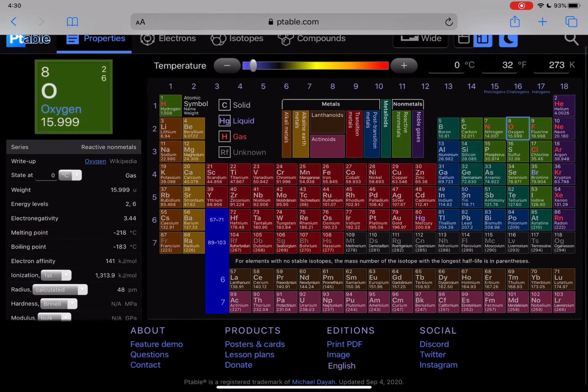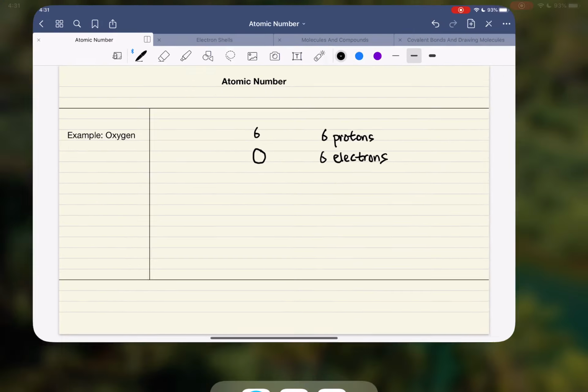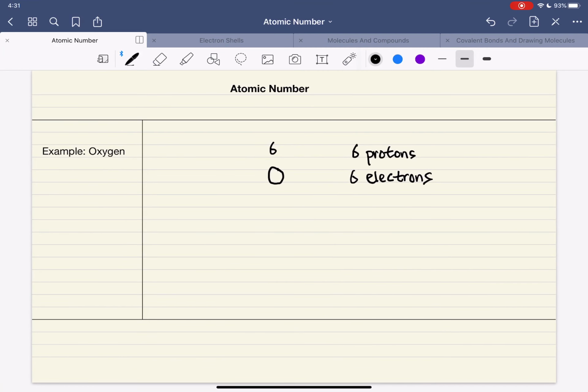So for instance, for oxygen, I wouldn't put 15.999. I would write it as this, 16. And I just realized, little mistake, I was thinking of carbon when our example focused on oxygen.